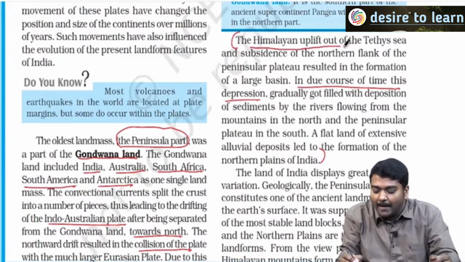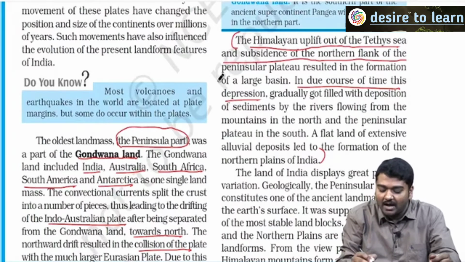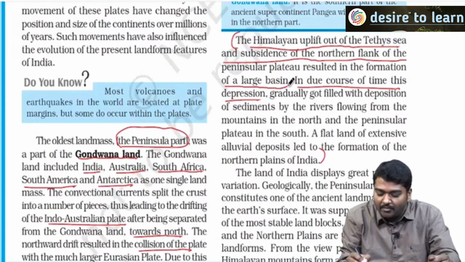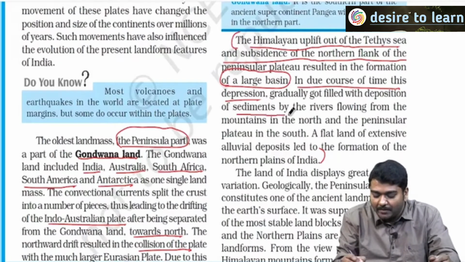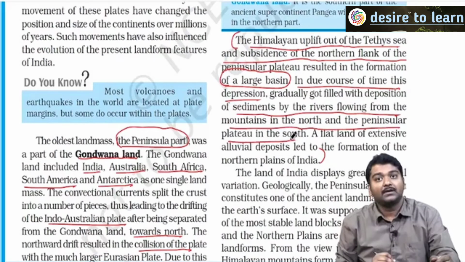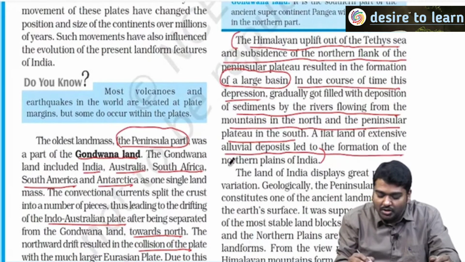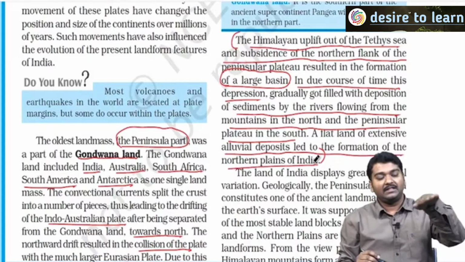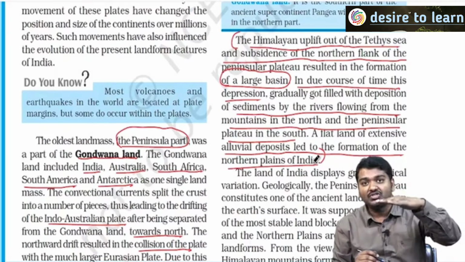The Himalayan uplift out of the Tethys Sea and subsidence of the northern flank created a large basin. Sediments got gradually deposited by rivers in this depression, right? And a flat land of extensive alluvial deposits led to the formation of the northern plains of India. In that depression, sedimentation took place and formed a plain region.